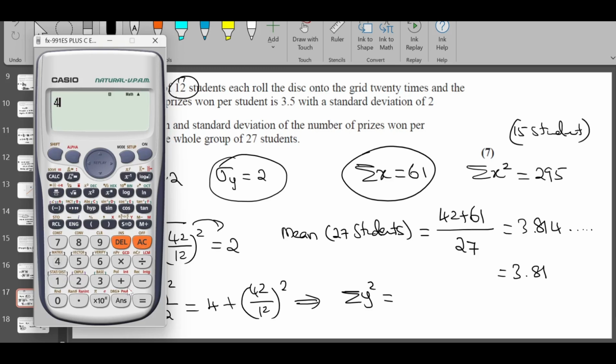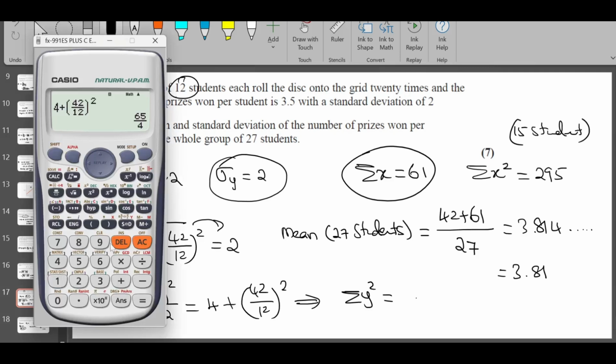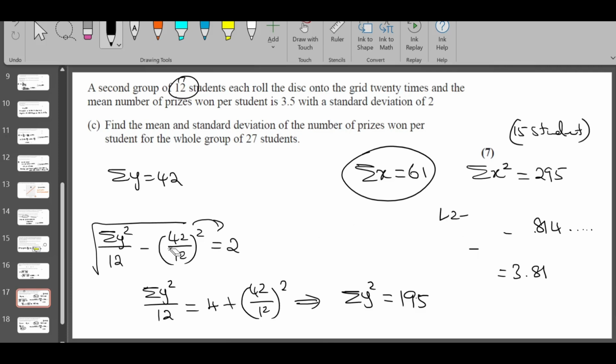So 4 plus 42 over 12 the whole square, 65 over 4 times 12 times 12, you will get 195. That's sigma y square, right? So what I'm trying to do now, I'm going to find the standard deviation of all the 27 of them.